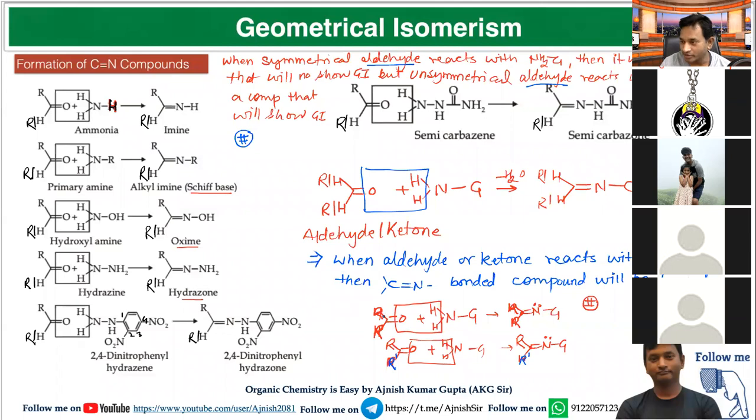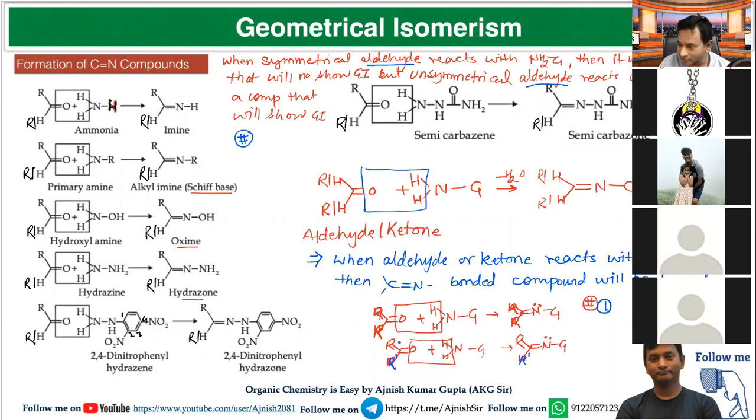Now think about the question. Which type of question will arise from this? When symmetrical aldehyde or ketone reacts with NH2Z, it will form a compound that will not show GI. It means only one product will be formed. It will exist in only one form.